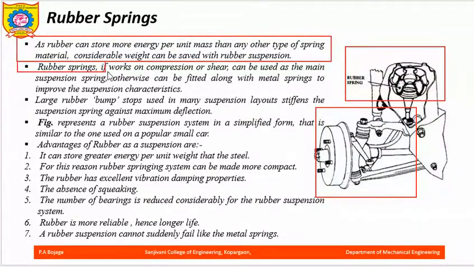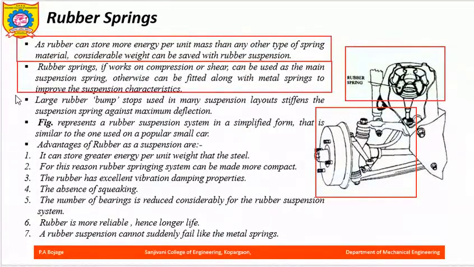Rubber springs, if they work in compression or shear, can be used as the main suspension springs, otherwise they can be fitted along with the metal springs to improve the suspension characteristics. Generally if these rubber springs are installed along with the compression spring, the performance of the suspension system improves drastically.